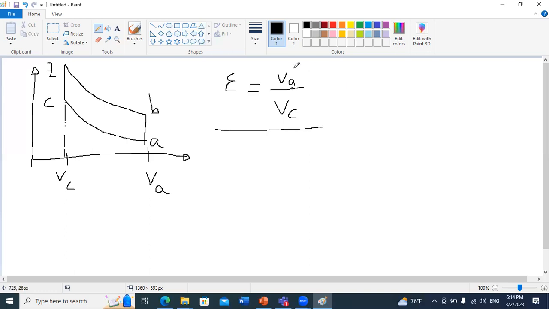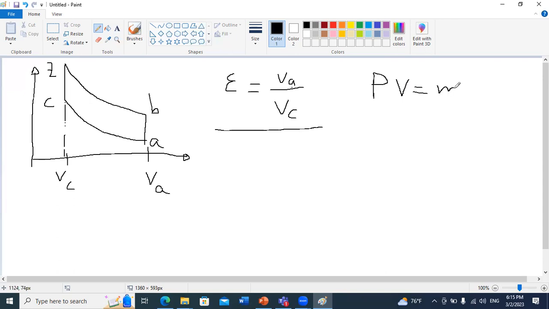I will give you all inputs needed. In this problem, I give you the ratio VA over VC, and I will tell you that you can treat air, which is the fluid here, as an ideal gas. When you have an ideal gas, it is driven by the following relation: PV equals mRT.